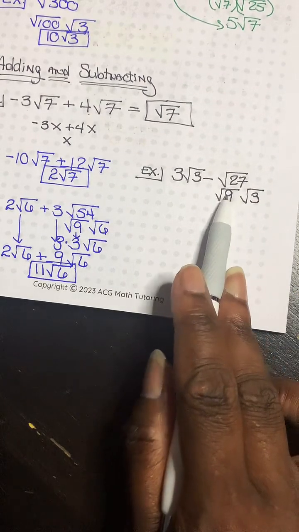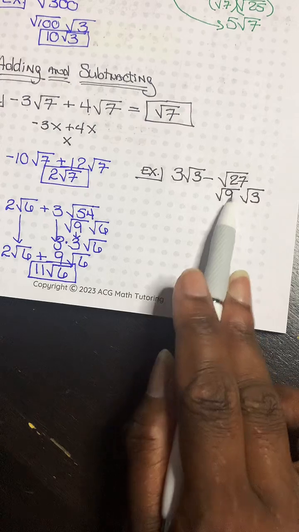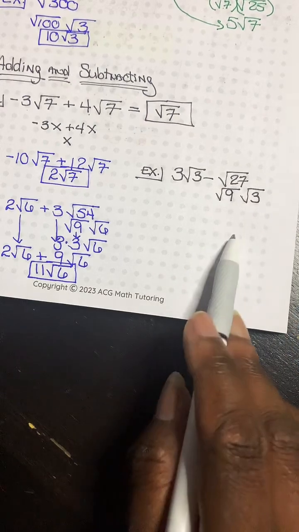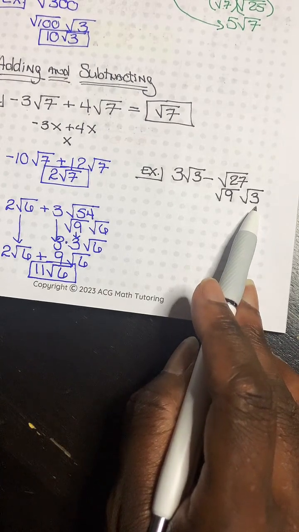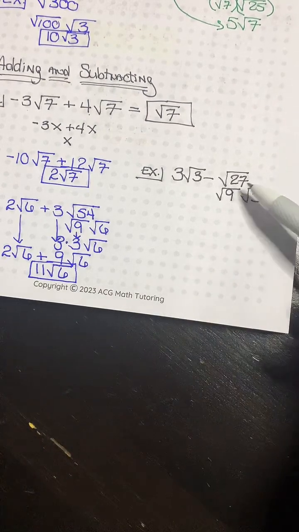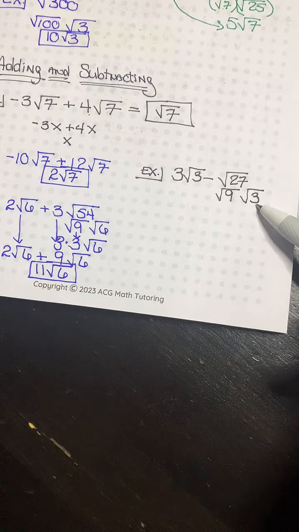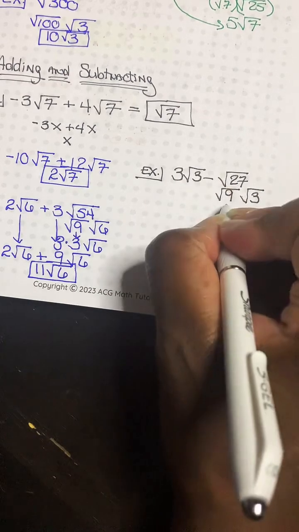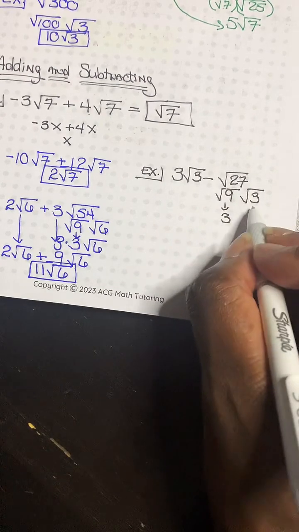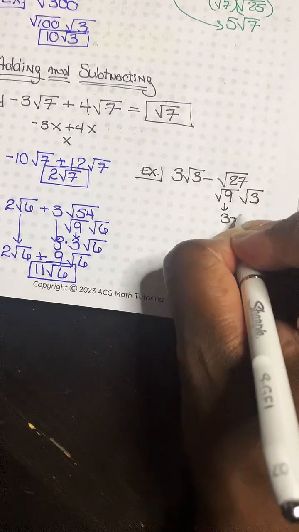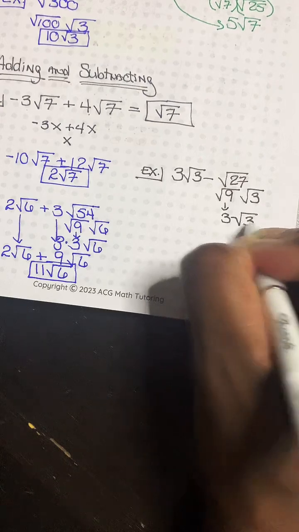So, yes, a lot of people want to say a factor tree of 27, but you're always looking for the perfect prime combination. All right? So, for 27, I got 9 and 3. Square root of 9, that gives me 3. Square root of 3, if I can't break it down, I'm bringing it down.